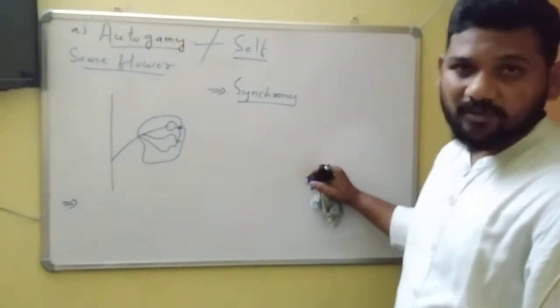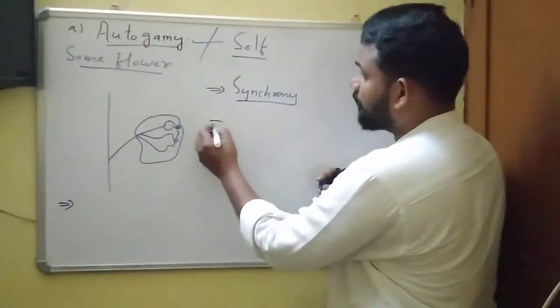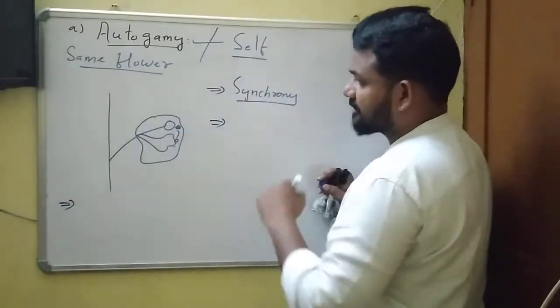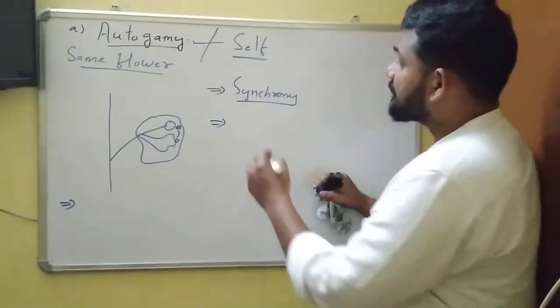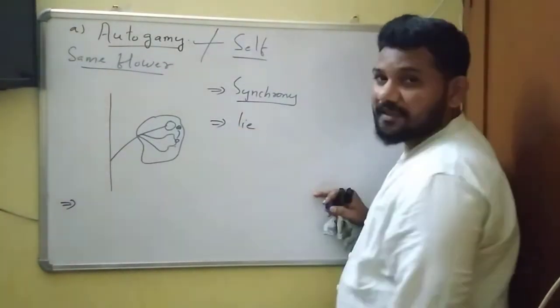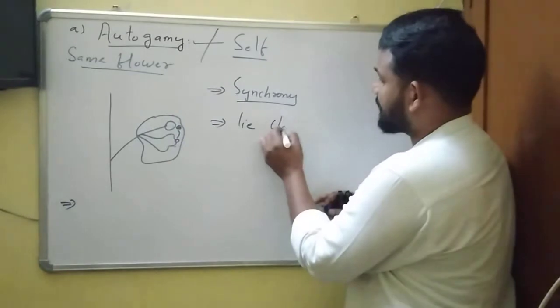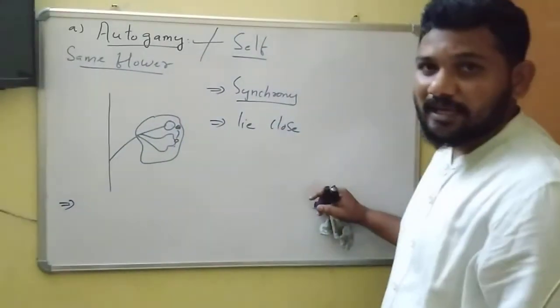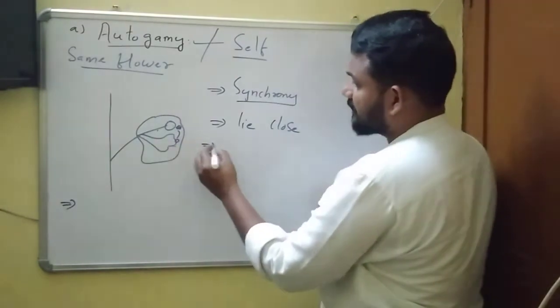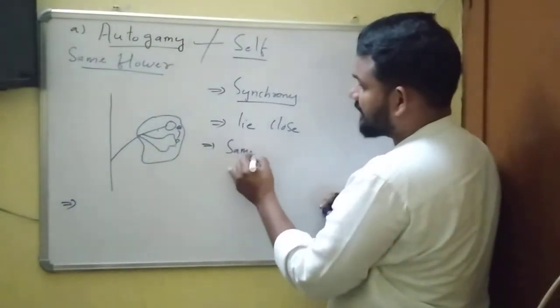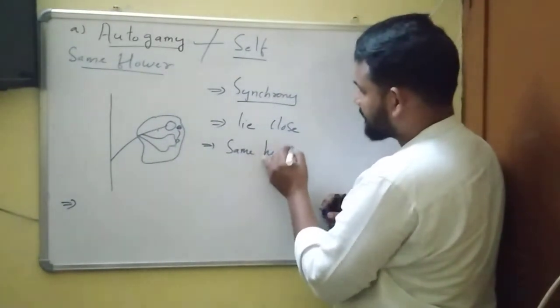Both androecium and gynoecium, the male component and female component, should lie close to each other, and they should maintain the same height.